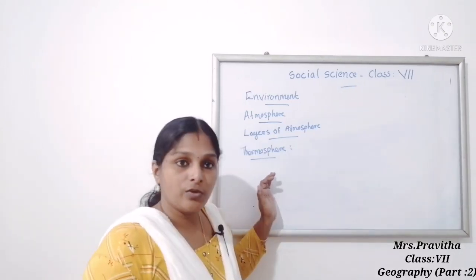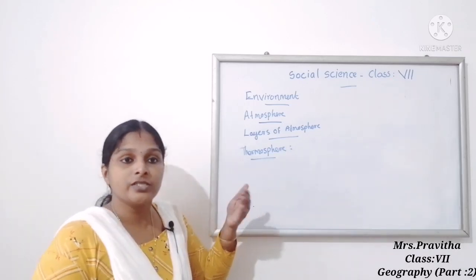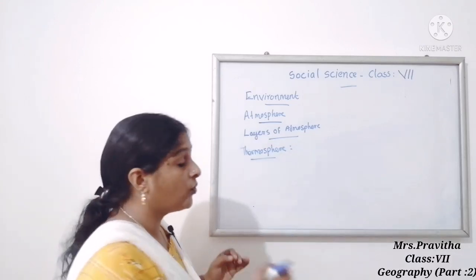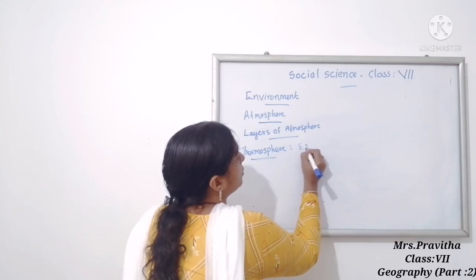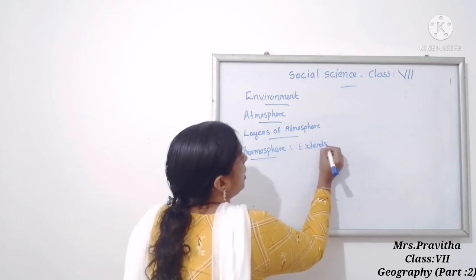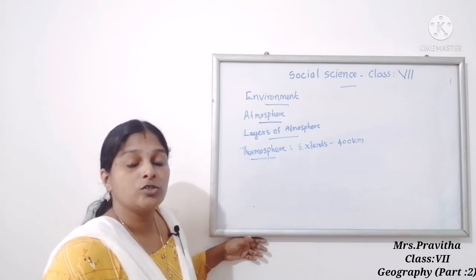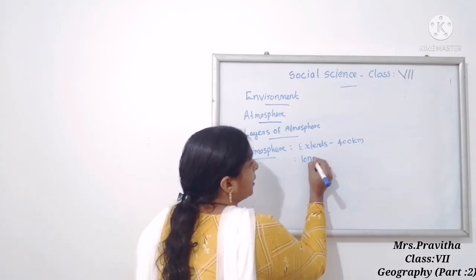Next layer of the atmosphere is the thermosphere. Above the mesosphere the next layer is thermosphere. Thermosphere extends up to 400 kilometer. Now this layer is also known as ionosphere.